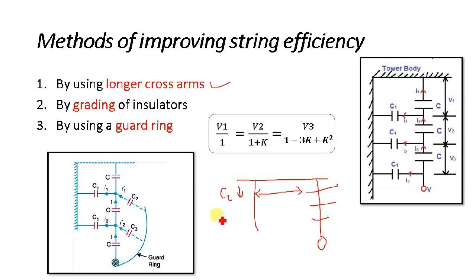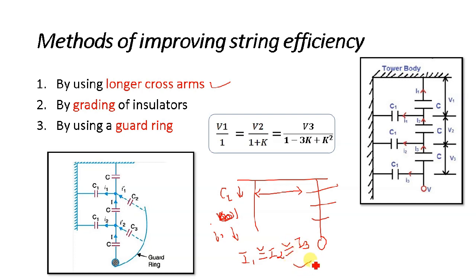If C1 is less, obviously the small current I1 which is going to flow in this branch will be less.